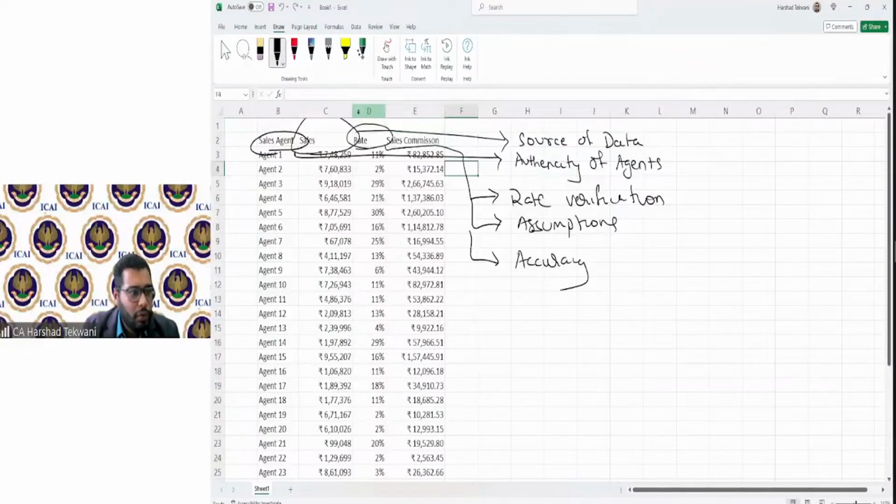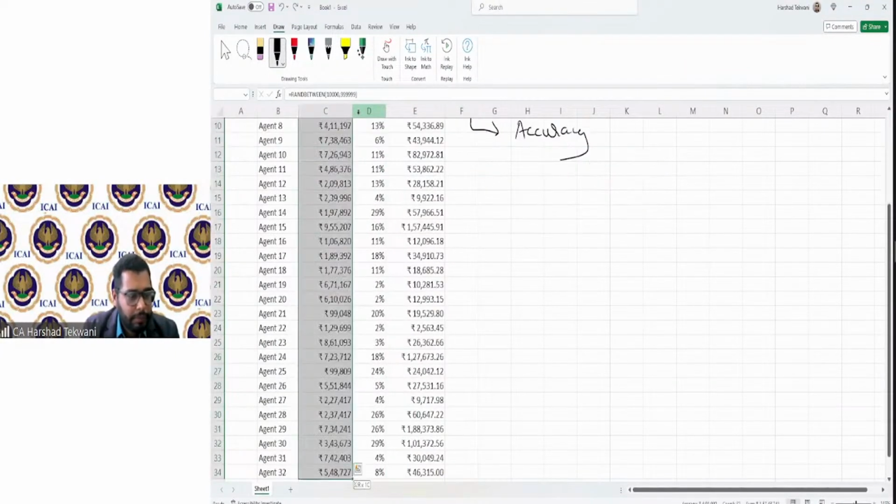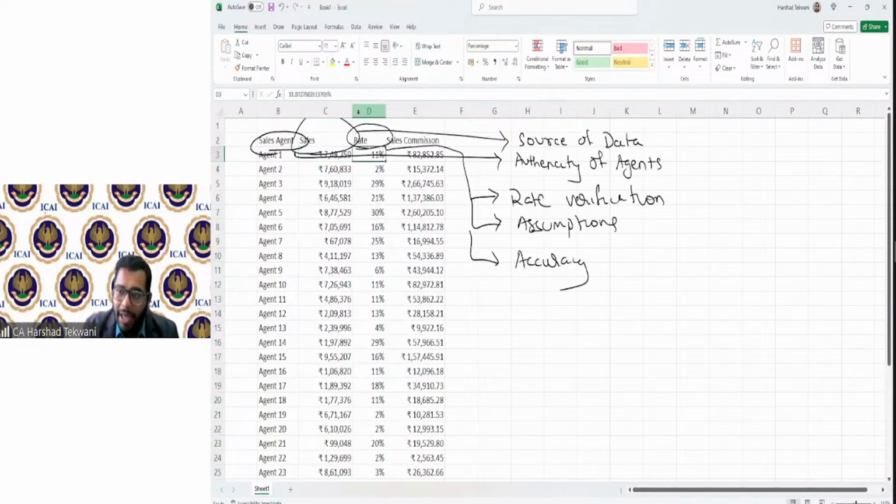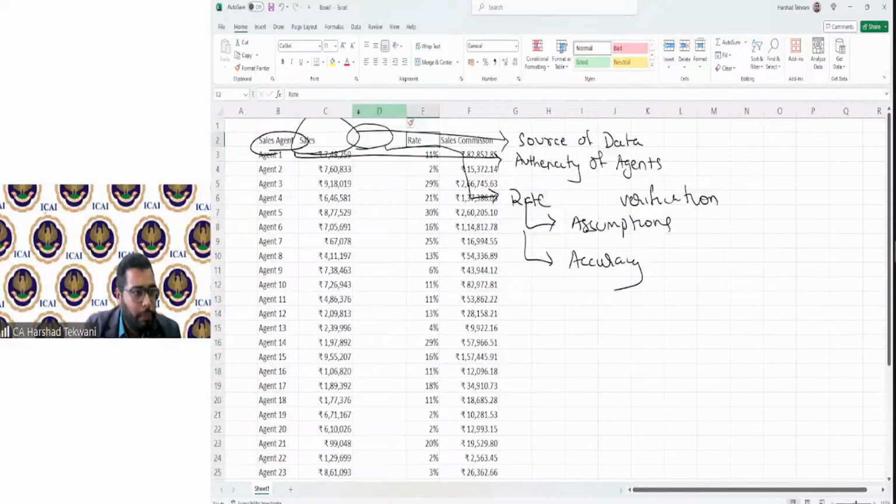Instead of this, on sales, I add something else. Or for example, management is giving you one more column in this calculation.